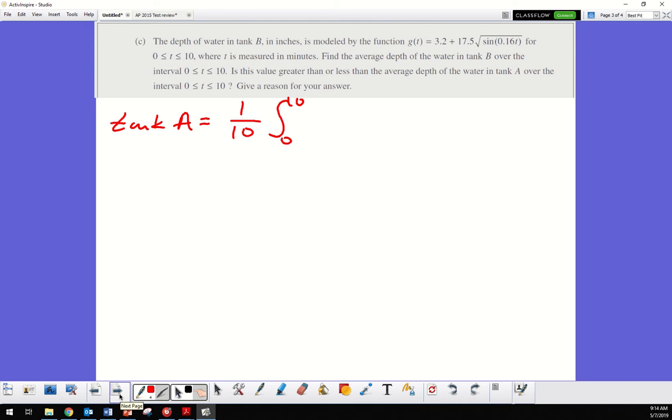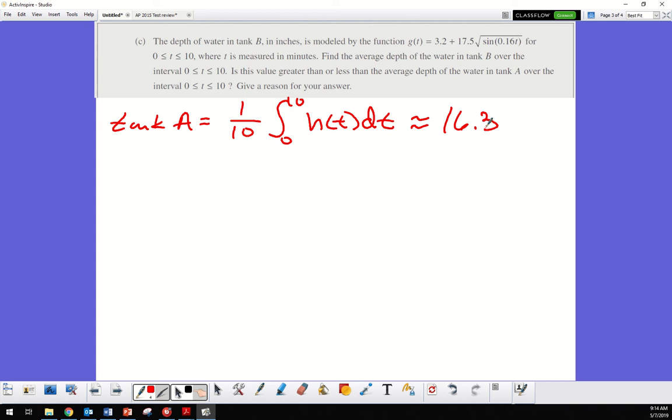So the integral of h of t dt is going to be approximately what? 16.3.